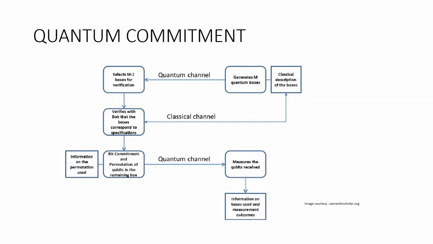Such commitment schemes are commonly used in cryptographic protocols, for example quantum coin flipping, zero knowledge proof, secure two-party computation, and oblivious transfer.